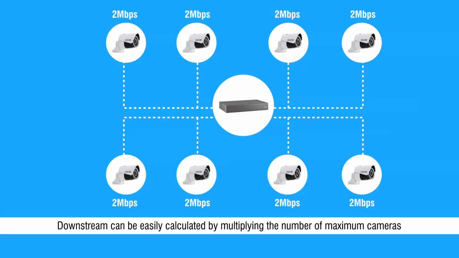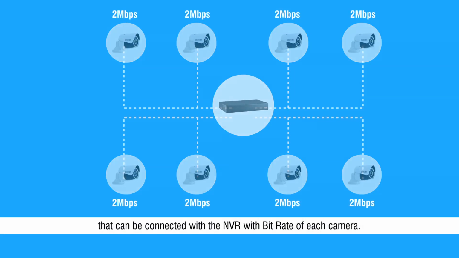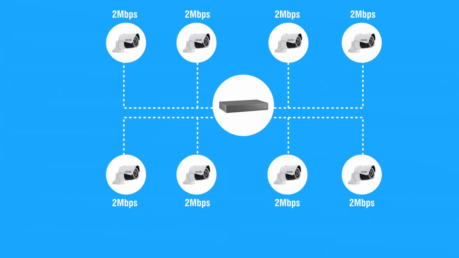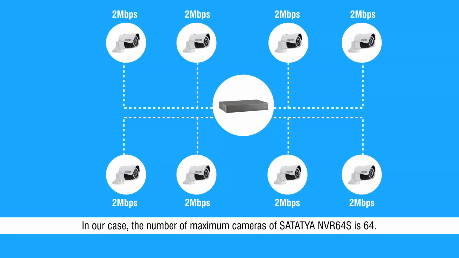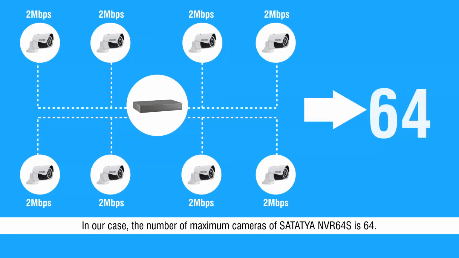Downstream can be easily calculated by multiplying the number of maximum cameras that can be connected with the NVR with the bitrate of each camera. In our case, the number of maximum cameras of Satatya Nvr64S is 64.